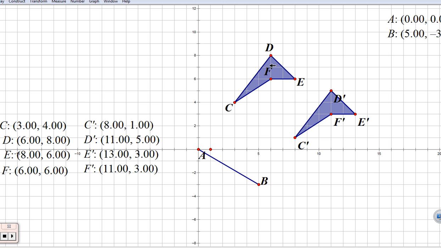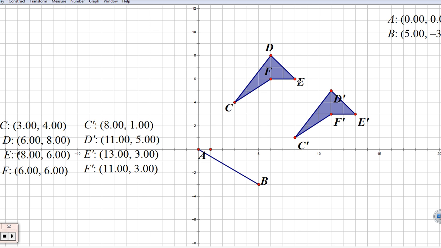Now look at our pre-image and our image. In my picture, going from D to D prime, I had to go to the right 1, 2, 3, 4, 5 places, and down 1, 2, 3 places to get to D prime.